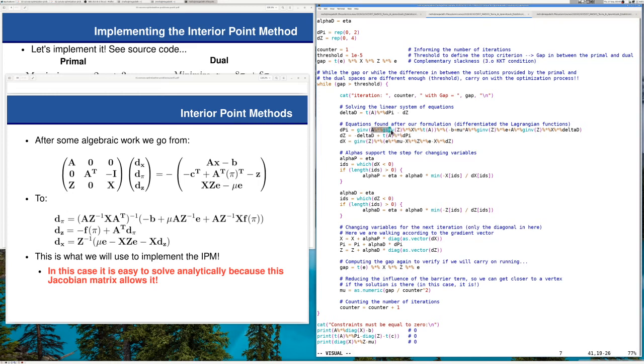A, product by the inverse of Z, as you can see here. Product by X, as seen here, and product by A transpose. And all that inversed. That's why there is an inverse over here. Remember, this is the matrix multiplication and also the dot product symbol, okay?